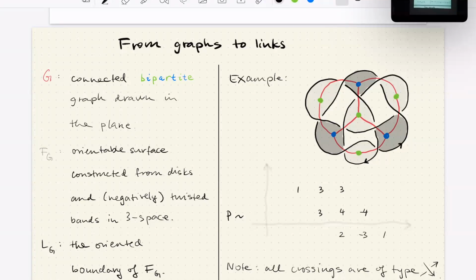Everything is constructed in the orientable sense. So these disks that I started with actually get orientations, in such a way that around green vertices they are oriented clockwise, and around blue vertices they are oriented counterclockwise. Sorry, that was not successful. This is what I mean to say: opposite.